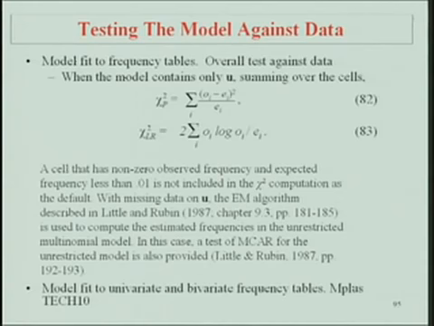So again, the maximum likelihood-based likelihood ratio distance is O, the observed, times log of the observed divided by E. It should be small. Again, we want small chi-squares.